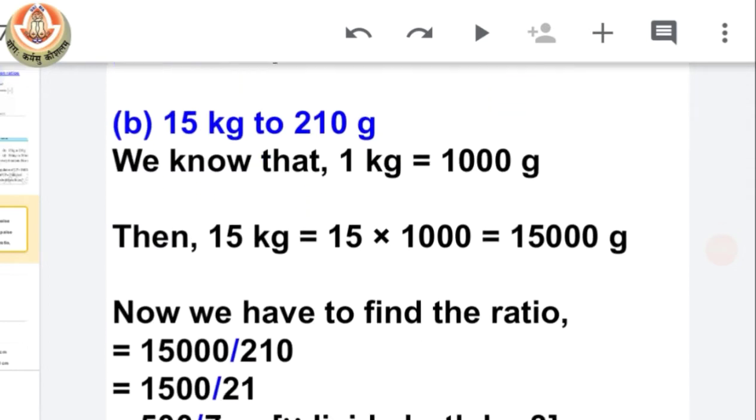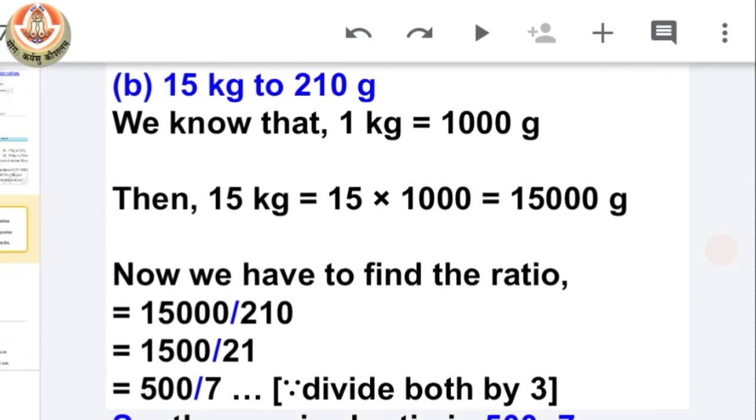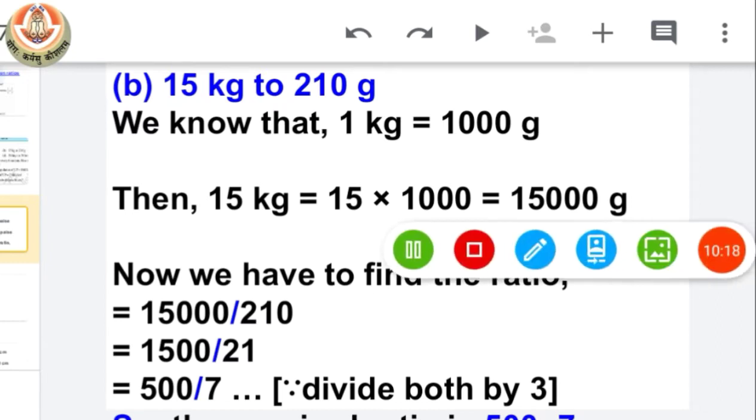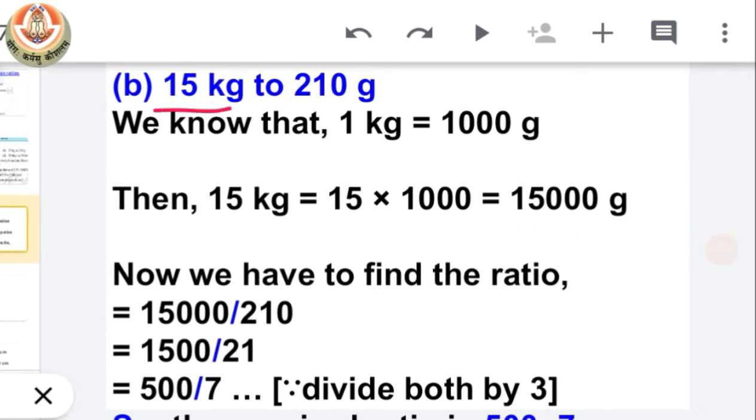Now the second is 15 kg to 210 gram. So the first thing we have to do is convert 15 kg into gram. For this we multiply 15 with 1000, we get 15,000 gram. Now on the other hand we have 210 gram.